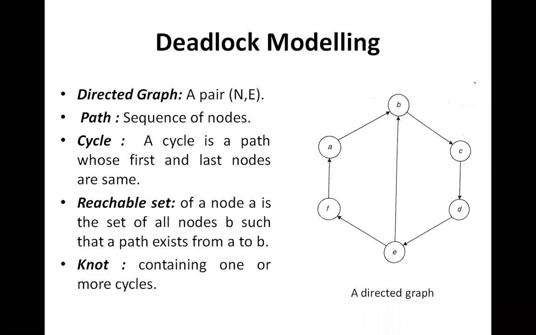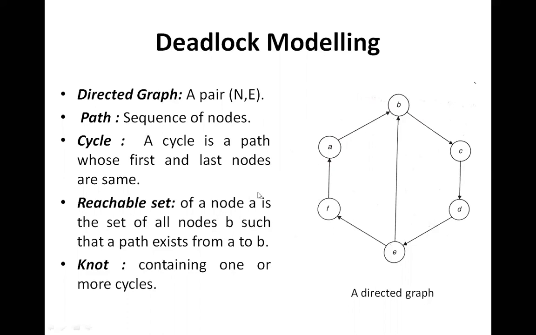As far as this example is concerned, the graph has nodes A, B, C, D, E, F. These are the nodes. There are edges from A to B, B to C, C to D, D to E, E to F, and F to A, as well as E to B. These are the edges, represented as ordered pairs, so A to B shows that there is an edge from A to B, since it is a directed graph.